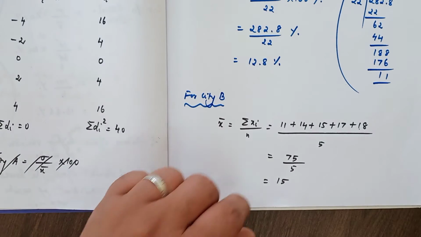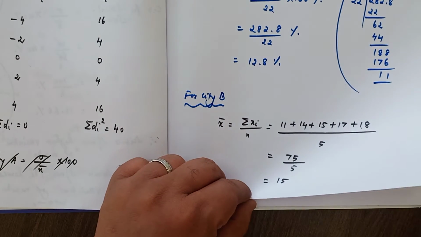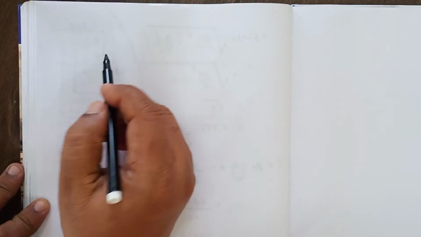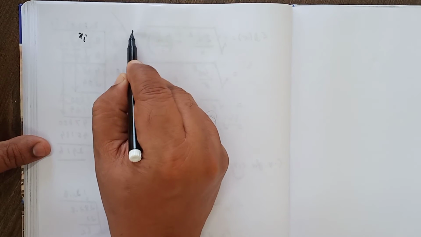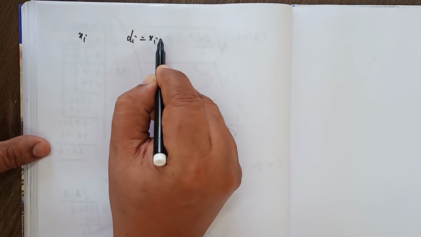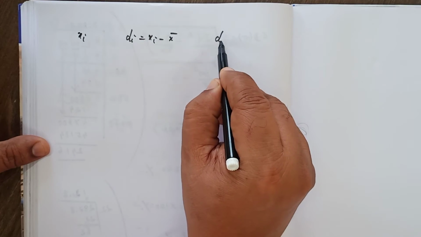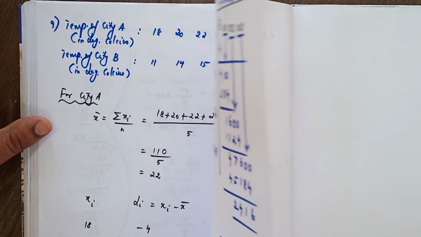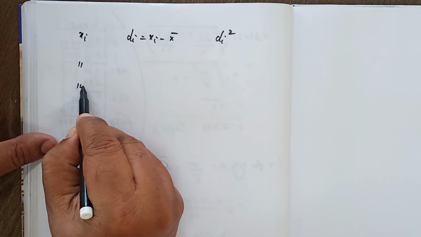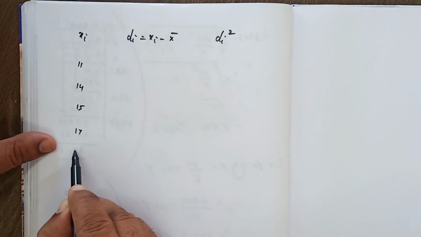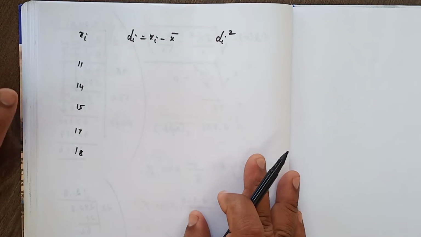Now we can find out the standard deviation. Standard deviation: di equals xi minus x bar. The 5 values are 11, 14, 15, 17 and 18.